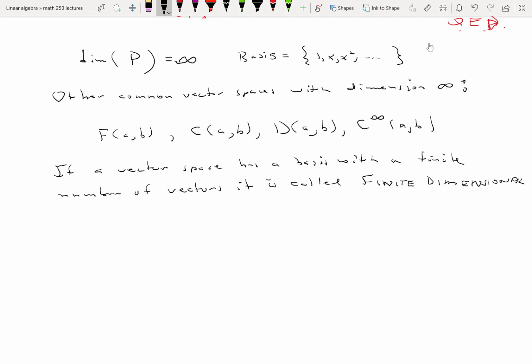Vector spaces that don't have a basis with a finite number of vectors in it are called infinite dimensional. Most of the time, we're going to be looking at examples with finite dimensional vector spaces. But we have common infinite dimensional ones, the ones mentioned before: functions, continuous functions, differentiable functions, etc. Even just the polynomials are an infinite dimensional vector space.